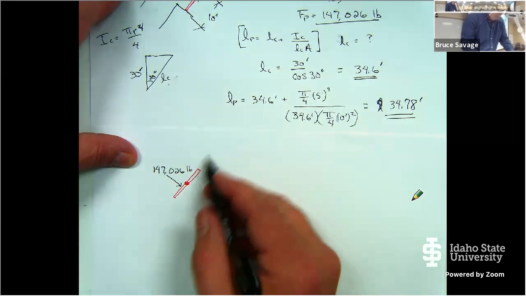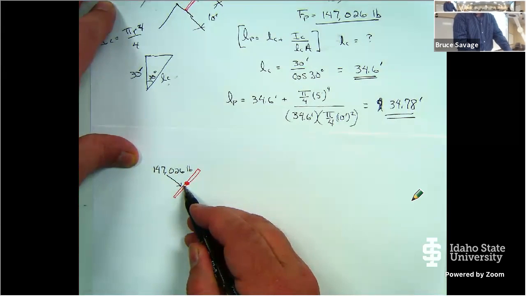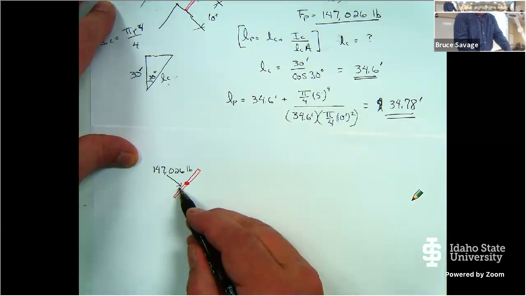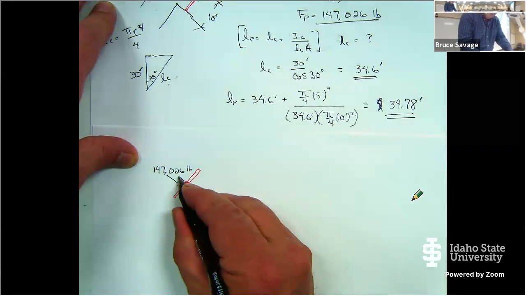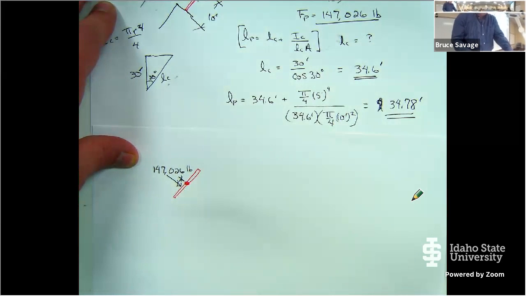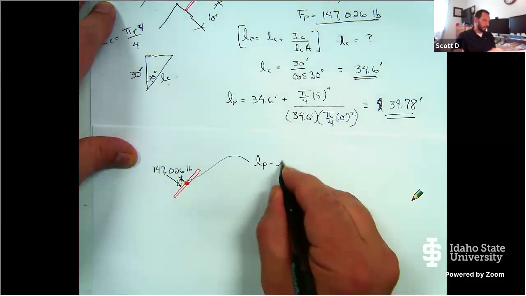And the distance that is acting off of that shaft is the distance between what? I don't put my force exactly on the shaft because it's not acting at the centroid. It's slightly off. So how do I find that little bit of distance? I want to find this distance right here. L sub C, or L sub P minus L sub C. Yep, that's going to be L sub P minus L sub C.